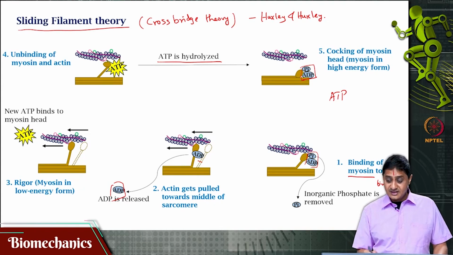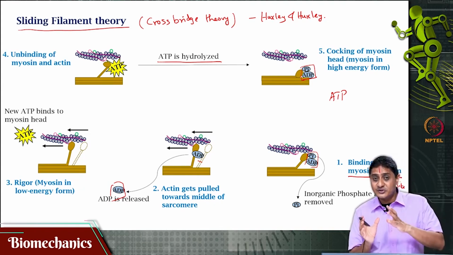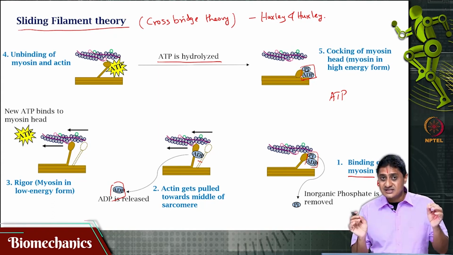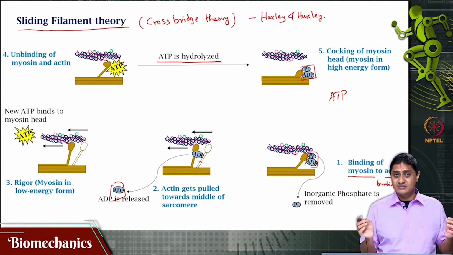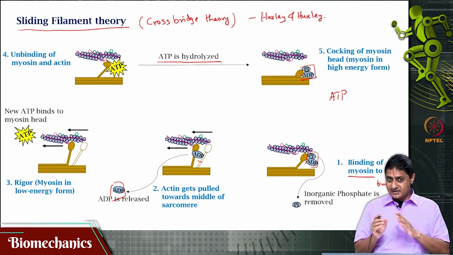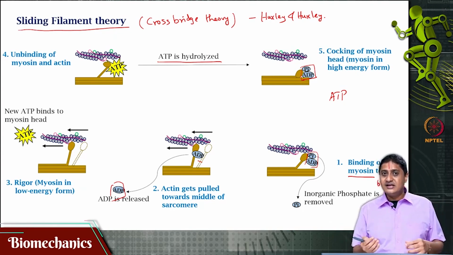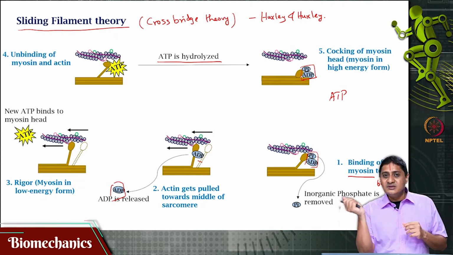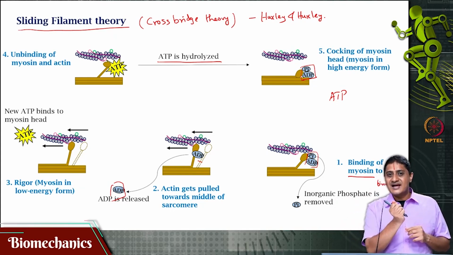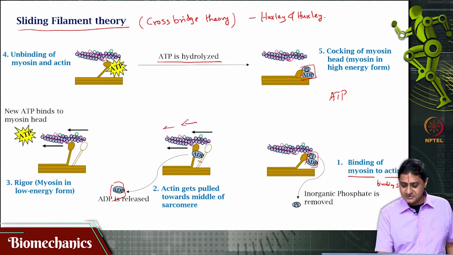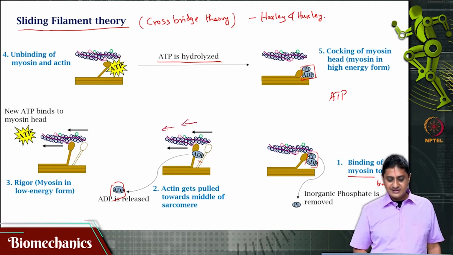So the head of the myosin is already attached to the binding site. When ADP is released, energy is also released, leading to a conformational change in myosin such that it pulls the attached actin, or the thin filament, in a particular direction, in this direction.